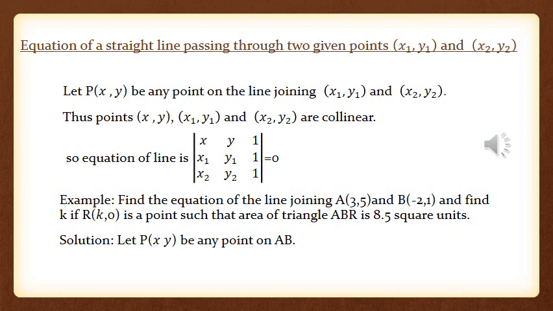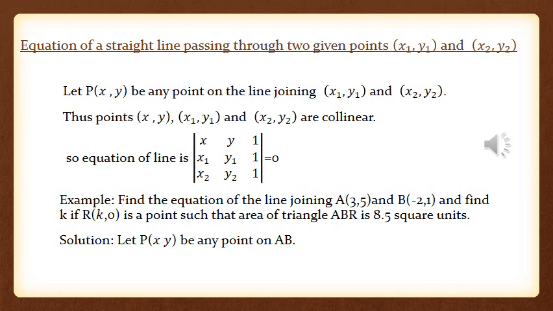So the points (x1, y1), (x2, y2) and (x, y) are collinear. So the area of the triangle is 0. So the equation of the straight line is determinant x, y, 1, x1, y1, 1, x2, y2, 1 is equal to 0. Why did we not write half?